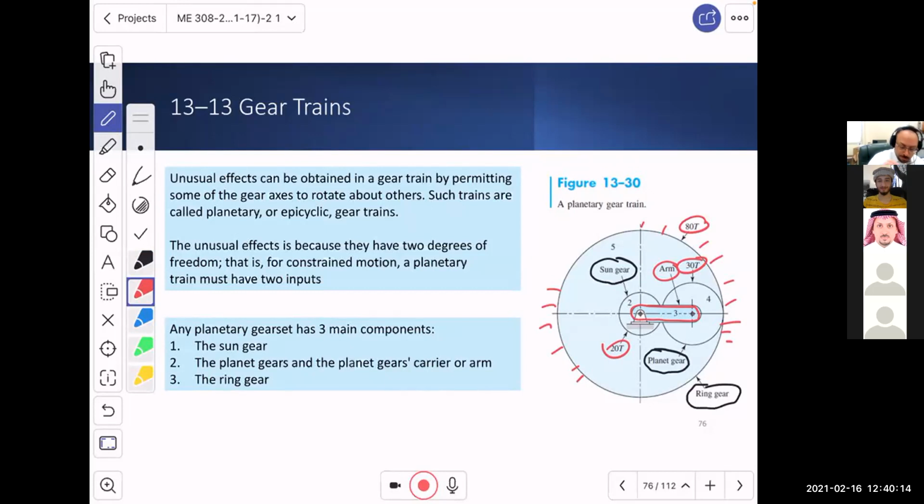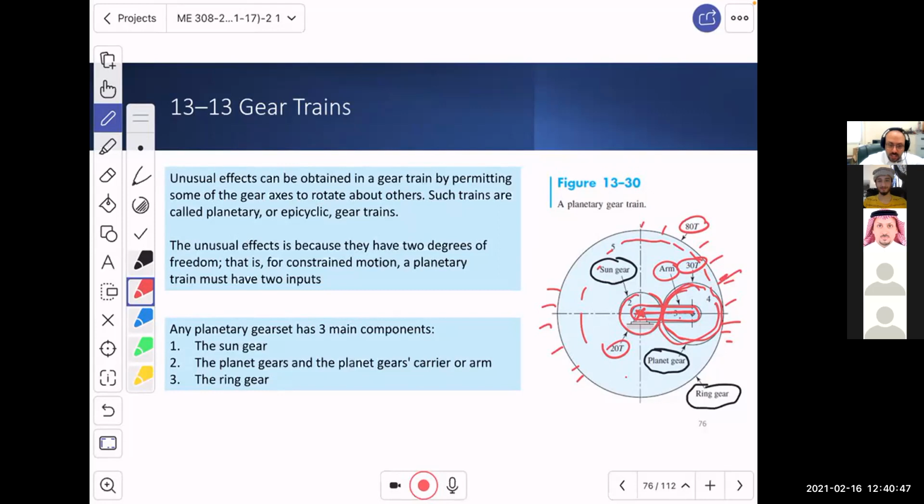You can imagine that the sun gear can rotate, and then this gear will revolve like that. Or you can fix the sun gear and fix the arm, and then this is going to rotate, and this outer ring is going to rotate with it.